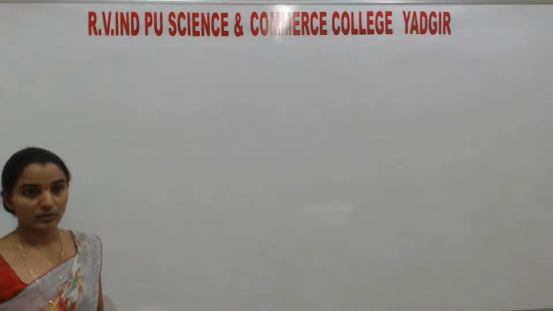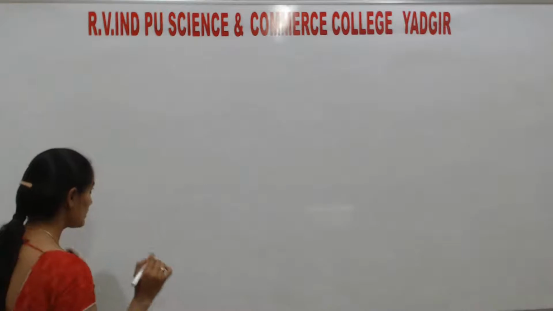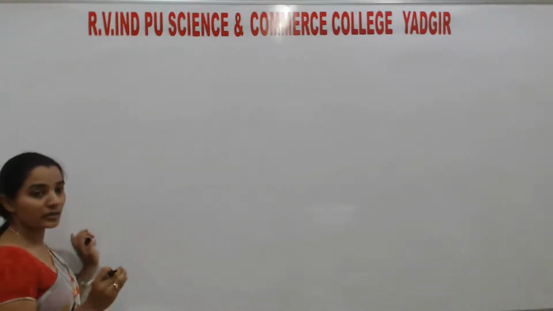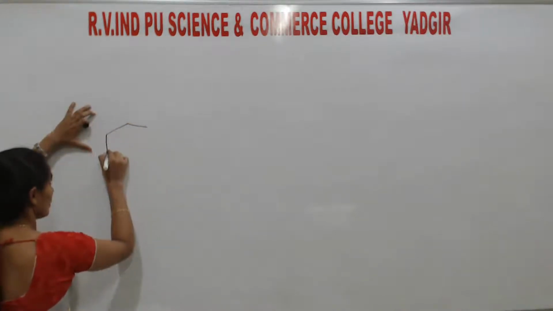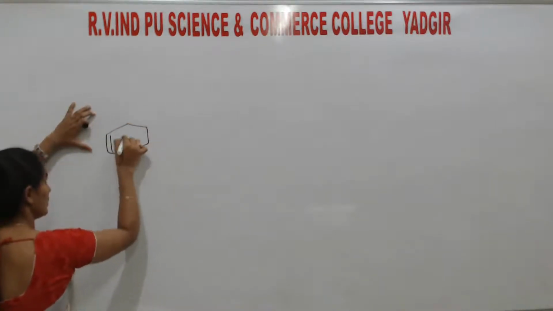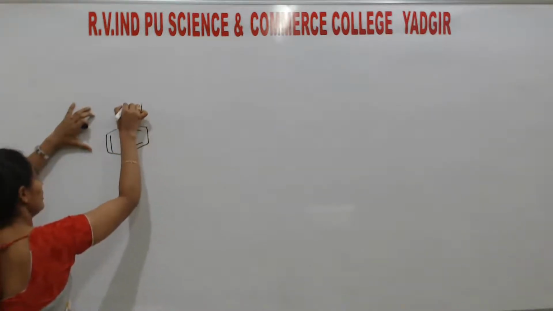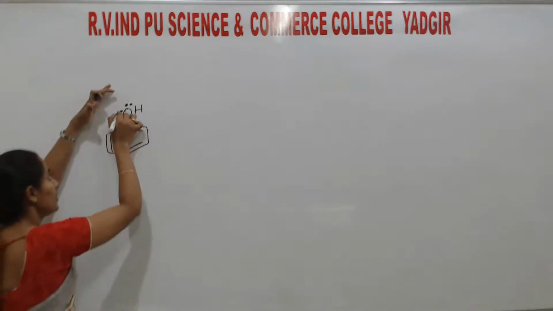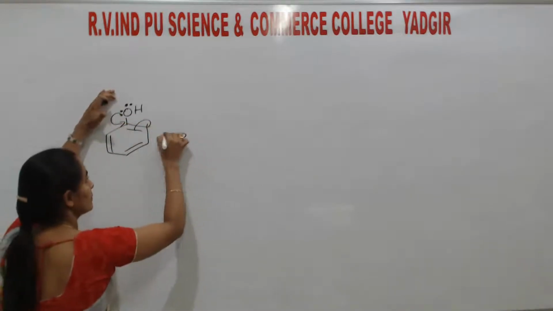Students, next one is the chemical properties. So initially, before going to explain the chemical properties of phenol, I'll show the resonance structure and explain. So here, benzene ring with the phenol, we have lone pair electrons on the oxygen atom, they are involved in the resonance, they shift here.